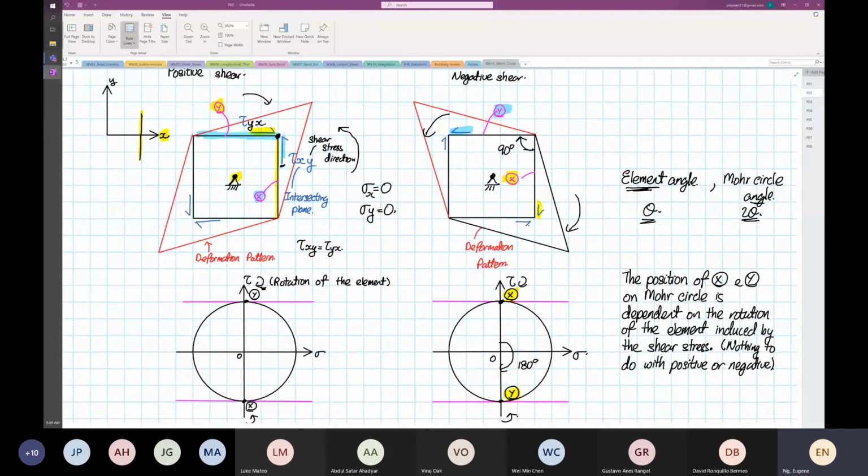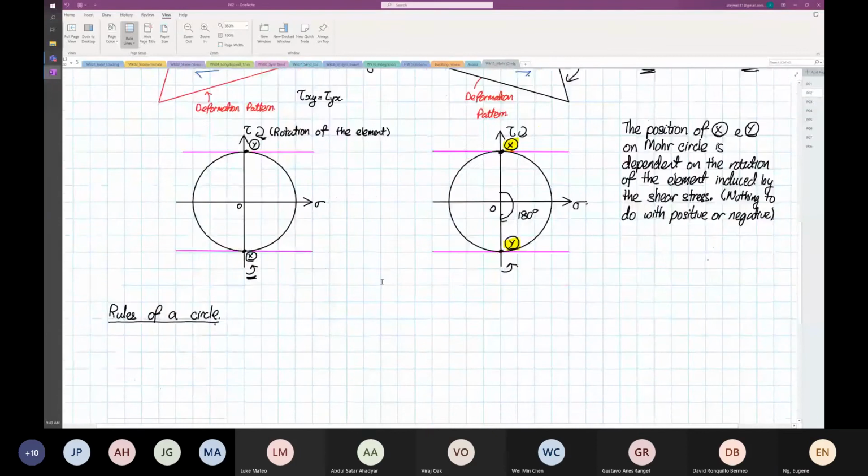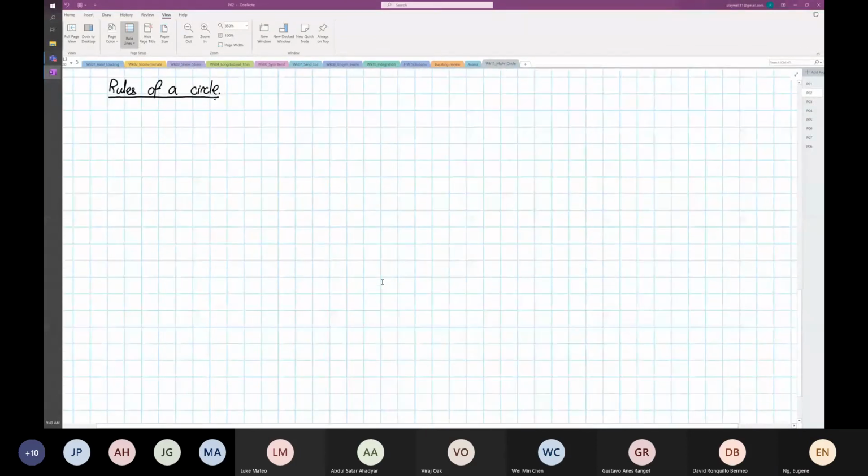Hold on, don't worry, I'll move the page. Those of you, all of us are at home now. If you can manage to find a compass, I will encourage you to do so.